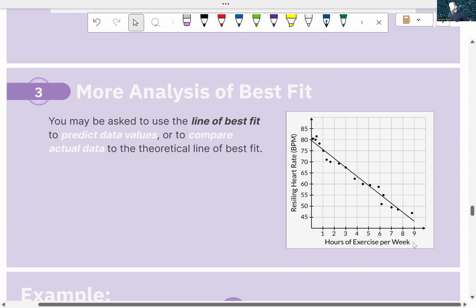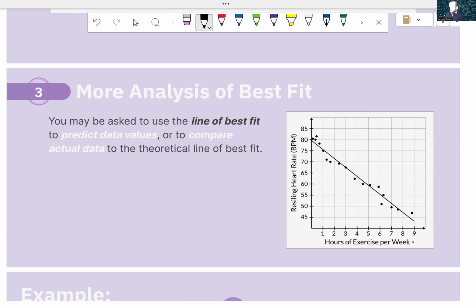So let's take a look at what's happening here. As hours of exercise is increasing, the resting heart rate is decreasing. So as we exercise more by 1 hour, it looks like the beats per minute are going down by close to about five, maybe a little bit less because it's not exactly five each time, but it is going down by about the same amount each time.